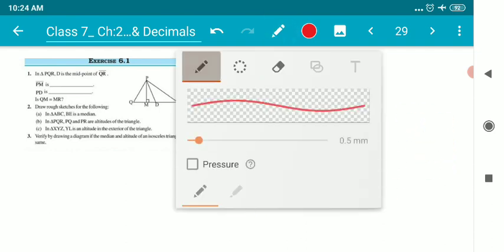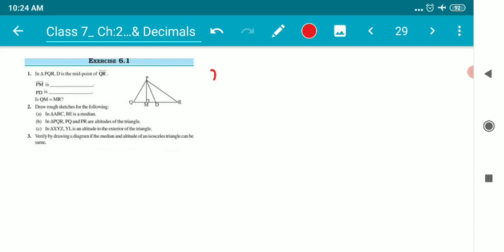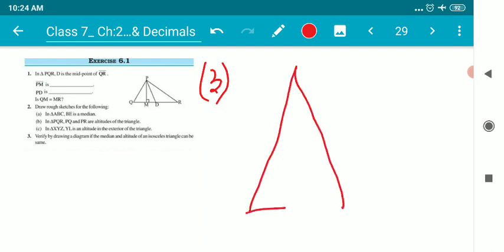Now there is another question, question number 3 of this exercise. Verify with a diagram if the median and altitude of an isosceles triangle can be the same. Always keep in mind, suppose I am drawing an isosceles triangle in which these two sides are of equal measure. Any triangle with a pair of equal sides is called isosceles.